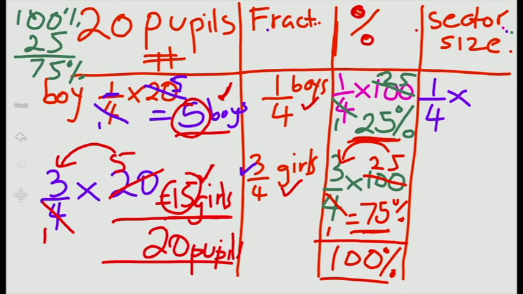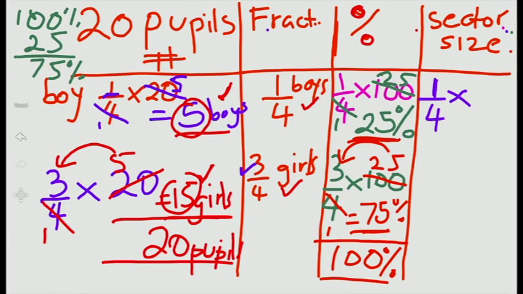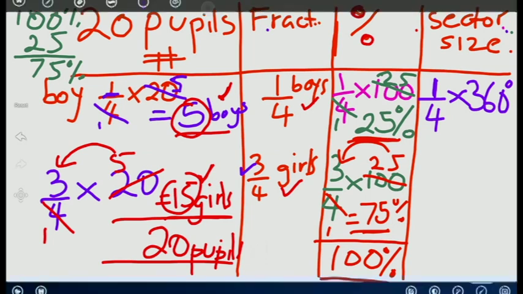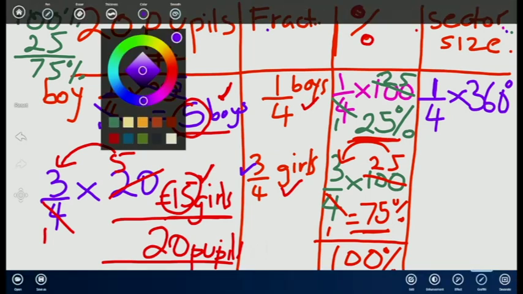Remember from the previous lesson we said a revolution is equal to 360 degrees. So we take a quarter, the fraction for the boys, multiplied by the total sector size of the revolution, which is 360 degrees.